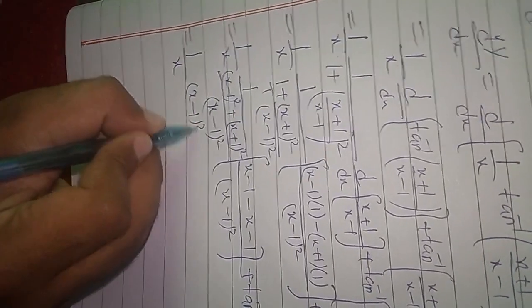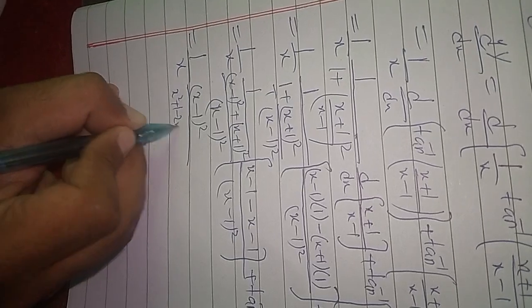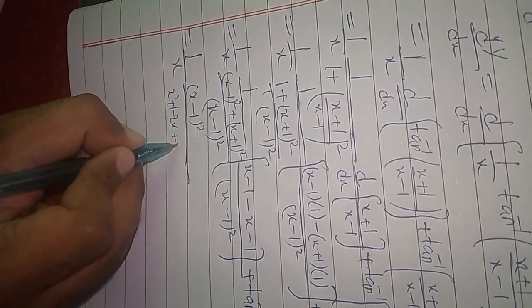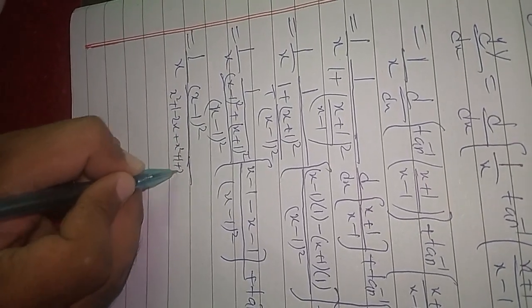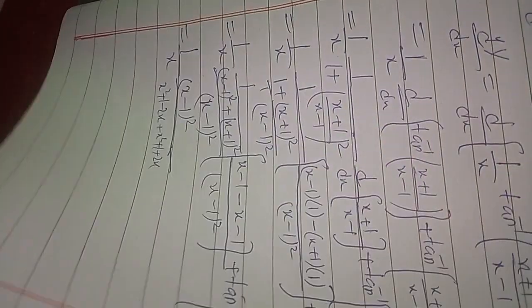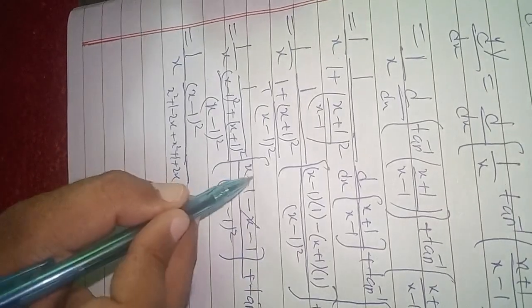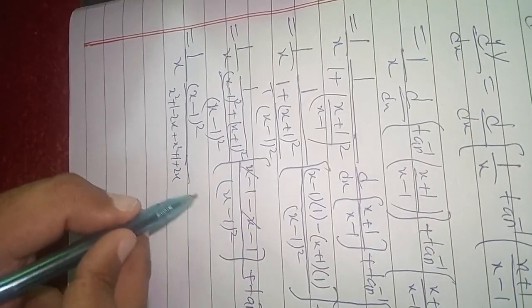1 over x will come as it is, and now we are going to simplify. The x minus 1 denominator will become numerator, and we will open the x minus 1 square and x plus 1 square with the formula a plus b whole square and a minus b whole square.